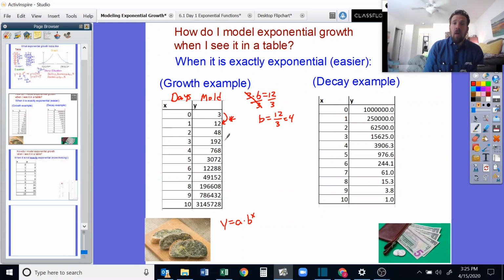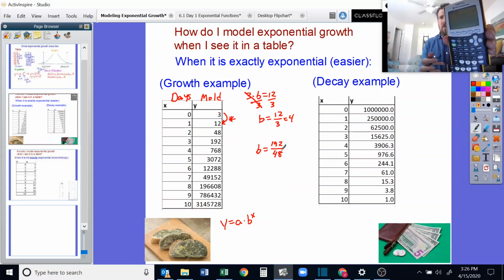I can say, well, this 192, if this is really exponential and multiplying by that same amount each time, then b should be 192 divided by the term in front of it, 48. I'll grab a calculator here. So 192 divided by 48, and sure enough, I get 4.